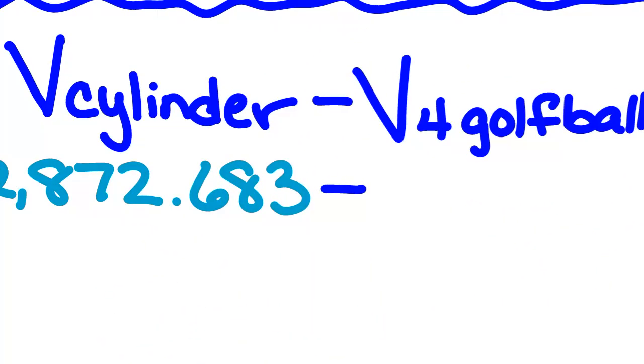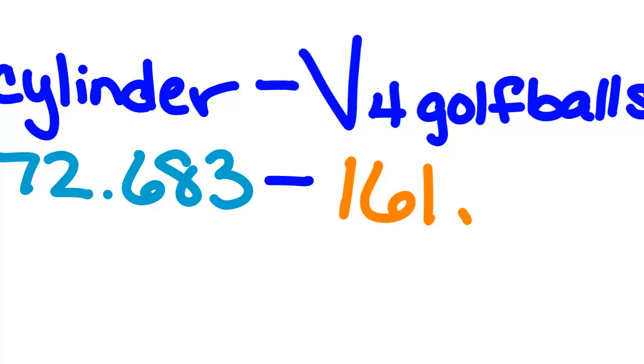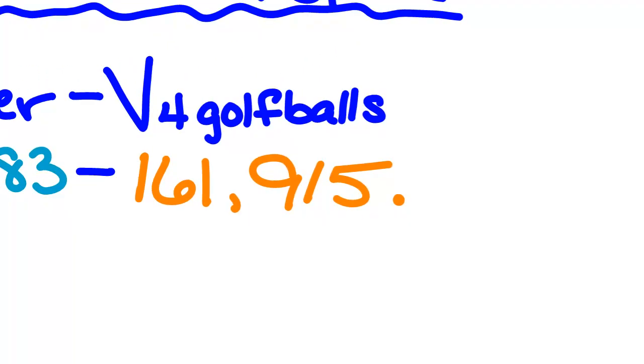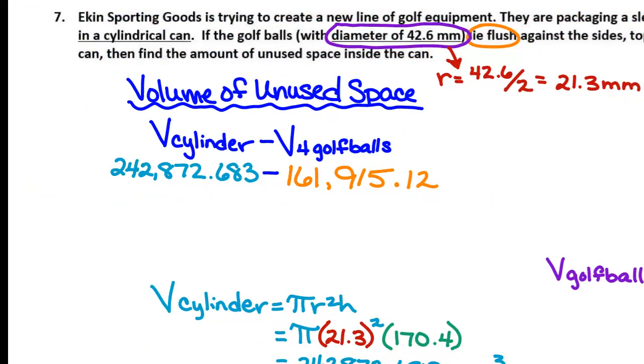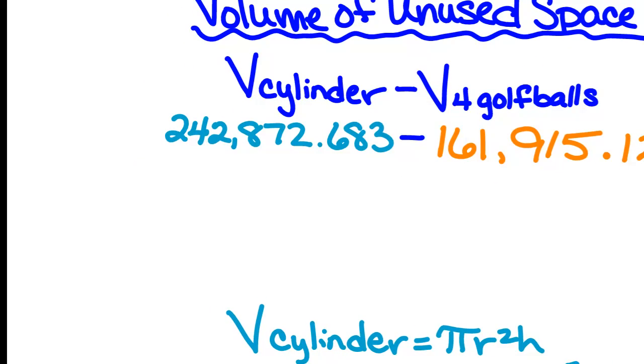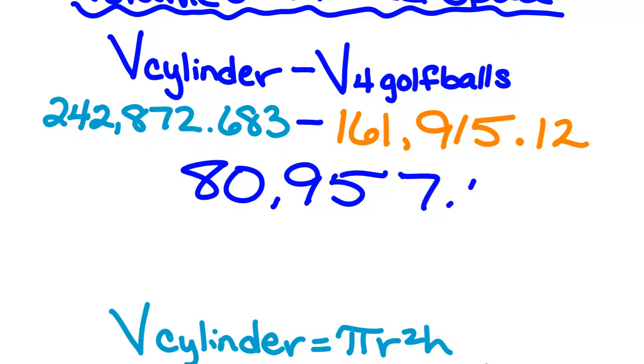So from this 242,000 something, we're going to subtract off 161,915.12. And what do we get when we do that subtraction? Like that? Did I do it right?